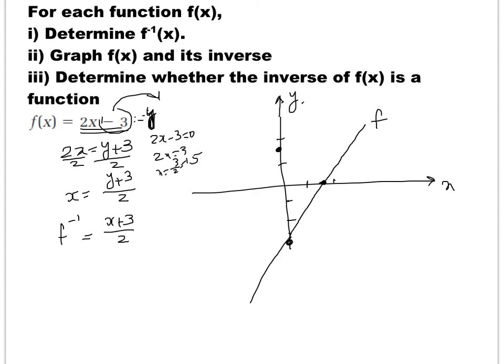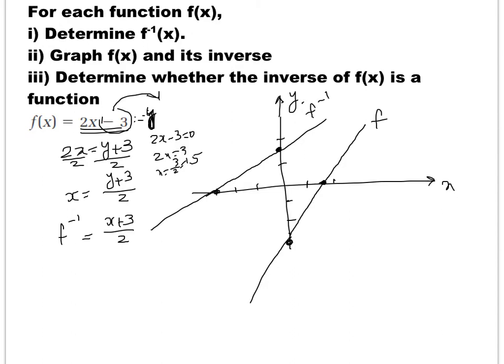Now we find the x-intercept, which is when y is equal to 0. So this becomes x plus 3 over 2 is equal to 0. So x is negative 3. So 1, 2, 3, this one. And when we connect them together, we get a line like this one. This is f minus 1.